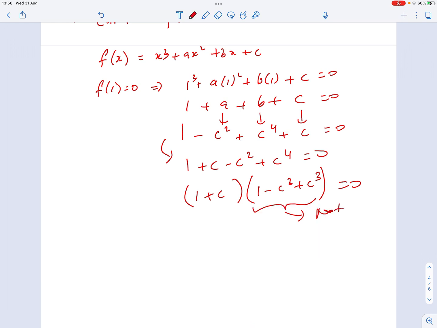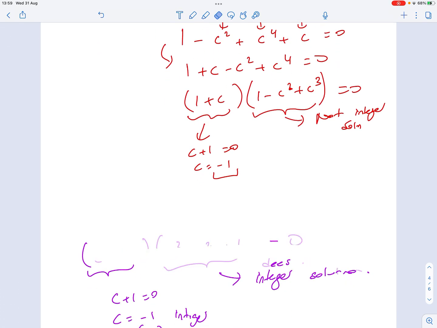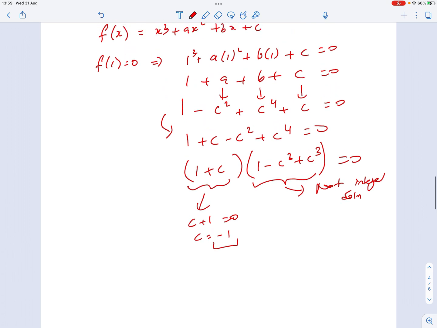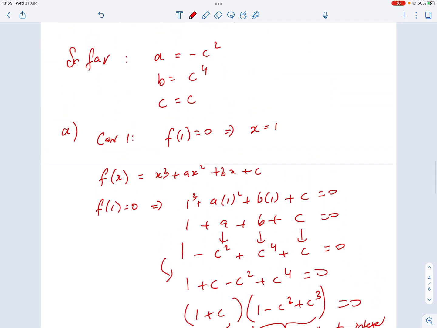So, not integer solution. But this, at this bracket c plus 1 equals 0, c equals minus 1, which is an integer. So this one satisfies what we are looking for. Okay, therefore we can sub it into our equations for a, b, and c.